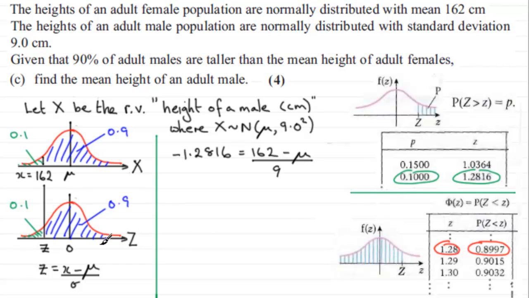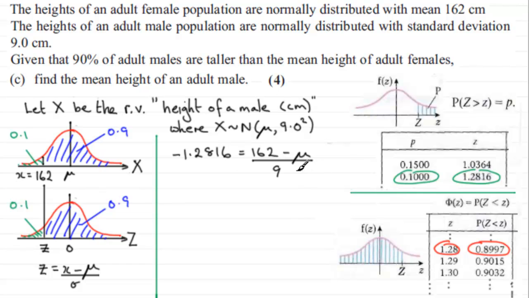Now that would mean that this value here for z would be 1.28, but if I mirror it back over to this side, it'll be minus 1.28, which corresponds fairly well to the value we've got here. So it's up to you which set of tables you use. Normally there's some kind of error margin that they build into the mark schemes for something like this.